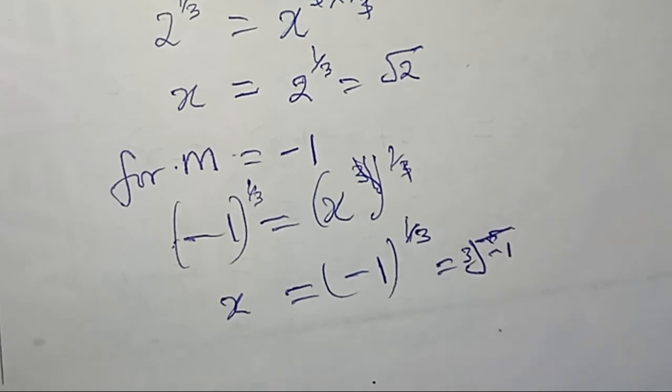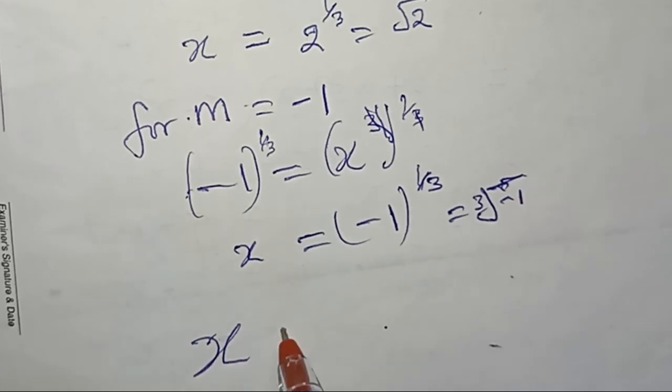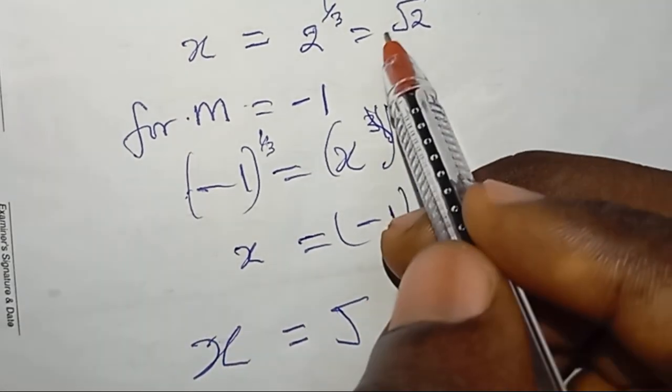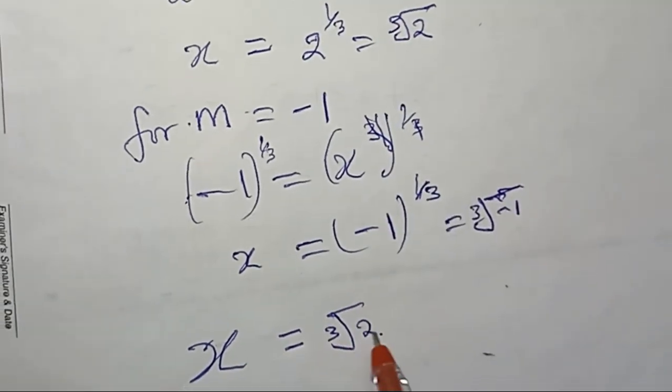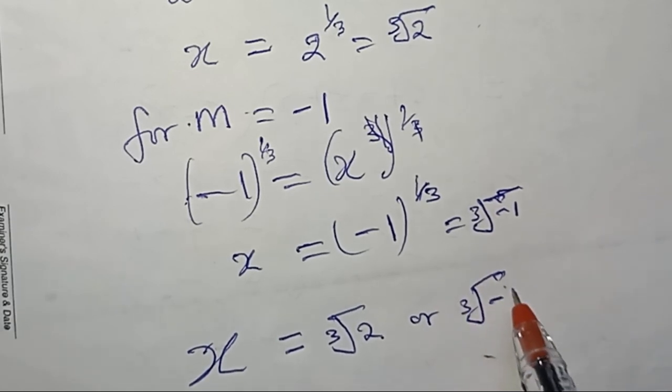So these are the two values of x that is actually going to satisfy the problem we are solving: x is equal to the cube root of 2 or the cube root of negative 1.